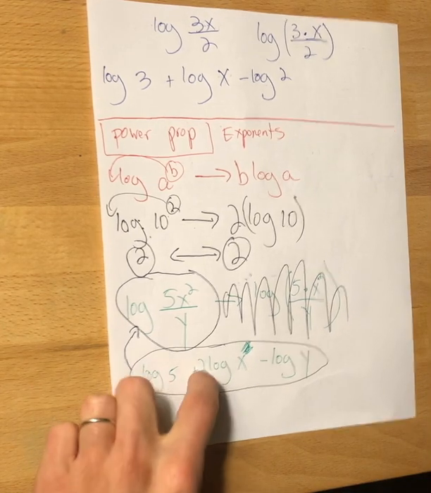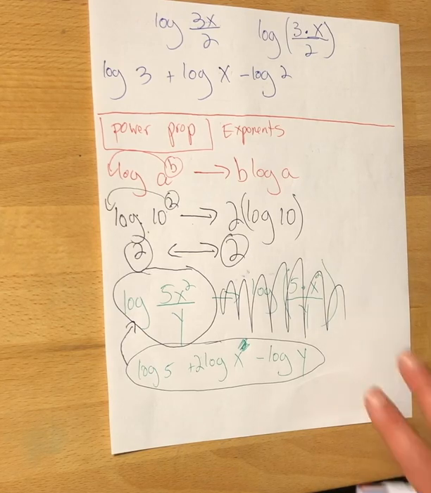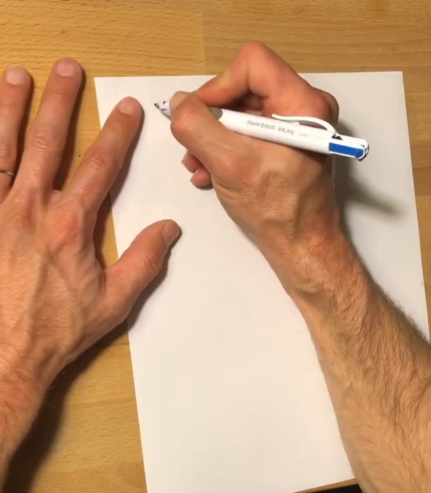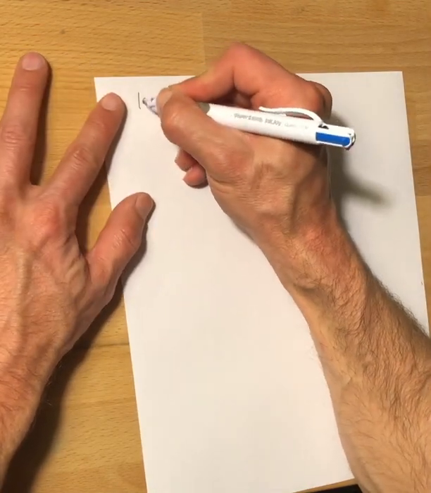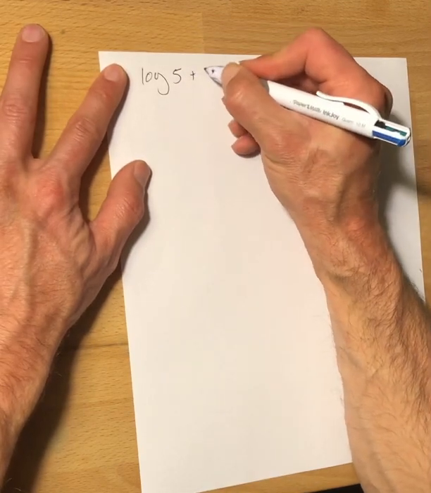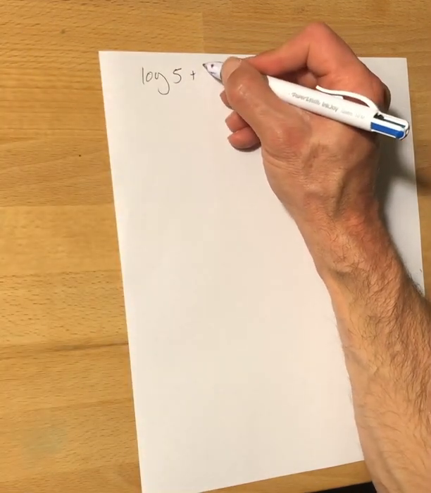All right, if you paused the video, first off, I would leave log 5. And I know that the 2 in front of the log x is going to be an exponent.